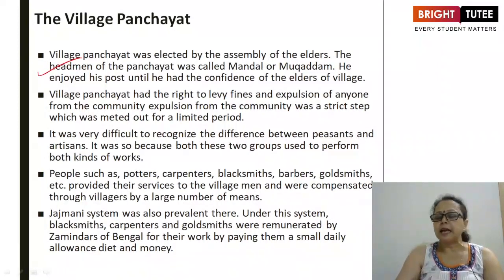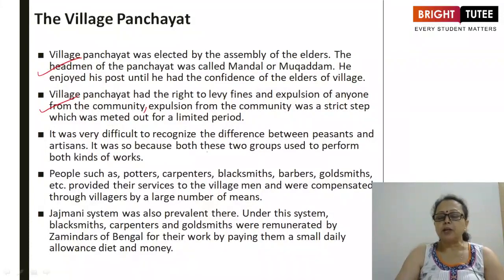The village panchayat had the right to levy fines and to expel anyone from the community, and expulsion from the community was a strict step, meted out for a limited period. So this way strict rules were followed by the villagers. It was the duty of the village panchayat to give punishment, and whoever is punished has to follow it very strictly.